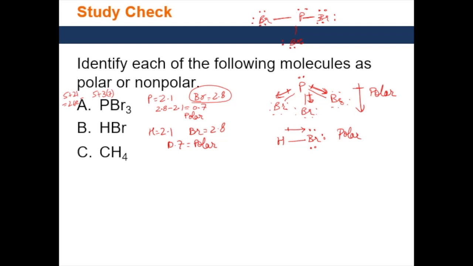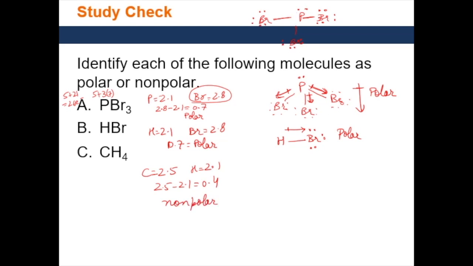How about CH4? For carbon, electronegativity is 2.5. For hydrogen, it is 2.1. So what would be the difference? 2.5 minus 2.1 will give you 0.4. Remember, 0.4 means the bond is non-polar.